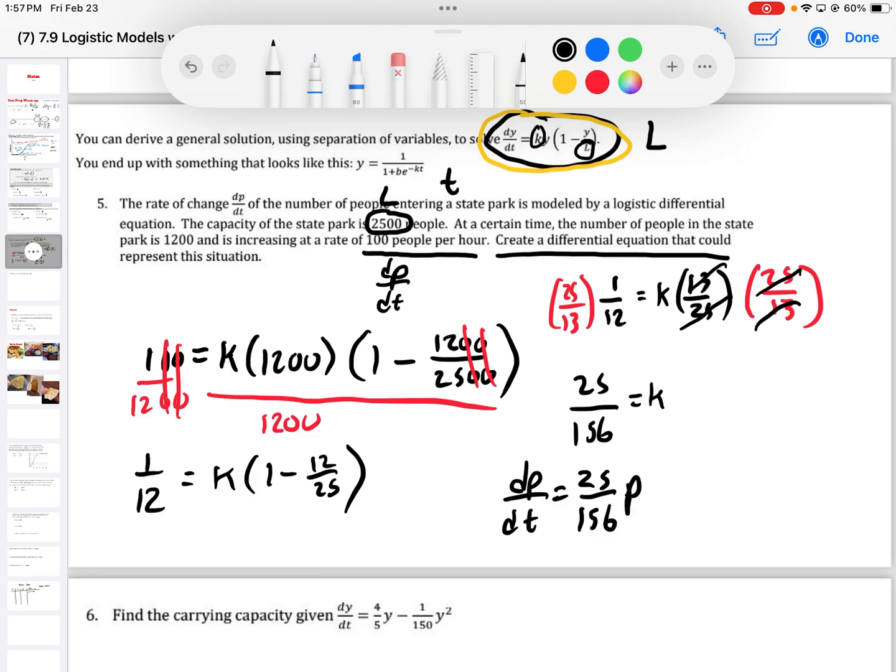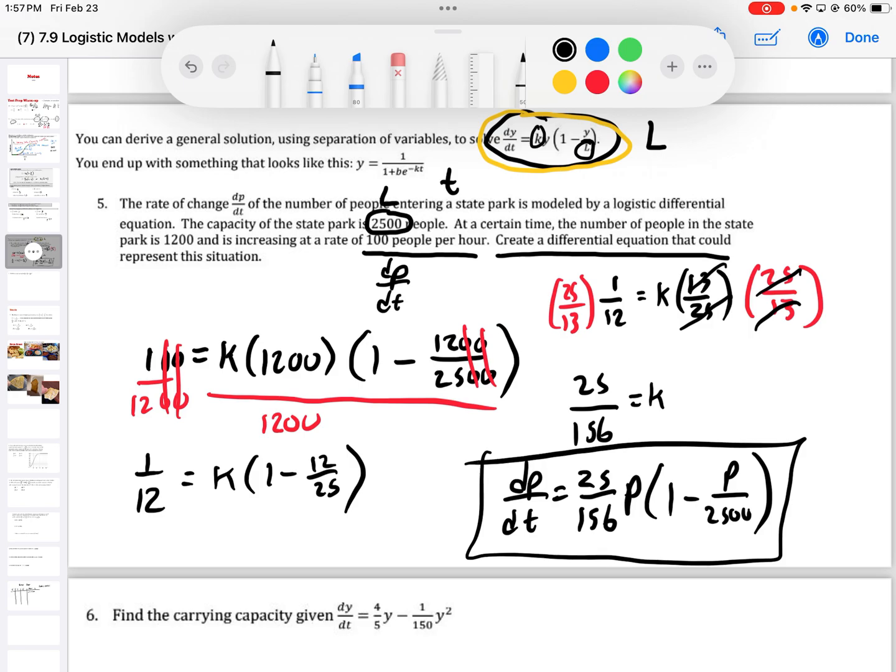It's going to be P. Instead of Y, P, you're talking about people. 1 minus P over, what's the limiting capacity? 2,500. There we go. We did plug in the 1,200 in order to find the K, but that could be any number of people, so we want to keep that P. Very good question.